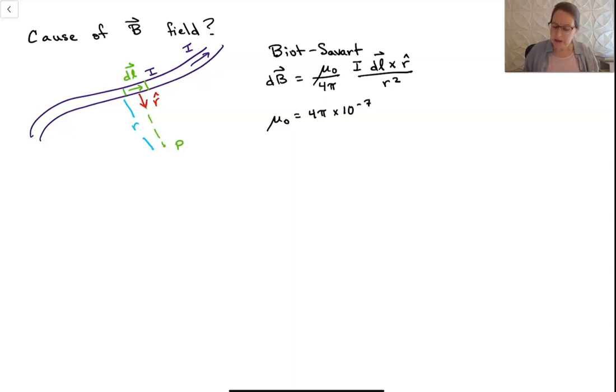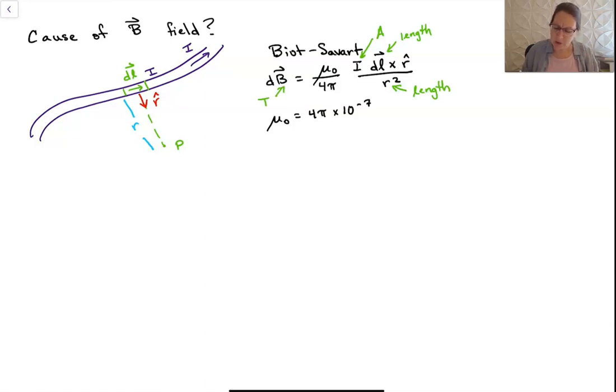And then we need to look at the units of this. So let's stop for just a minute and look at that. So what we have is that has a unit of amps. This has a unit of length, because once we integrate over the length, that'll be length. This has a unit of length, right? Length squared. And of course, this needs to be in Tesla.